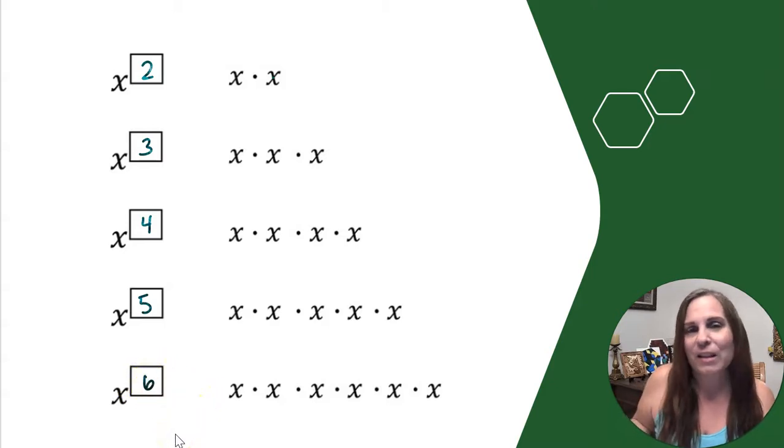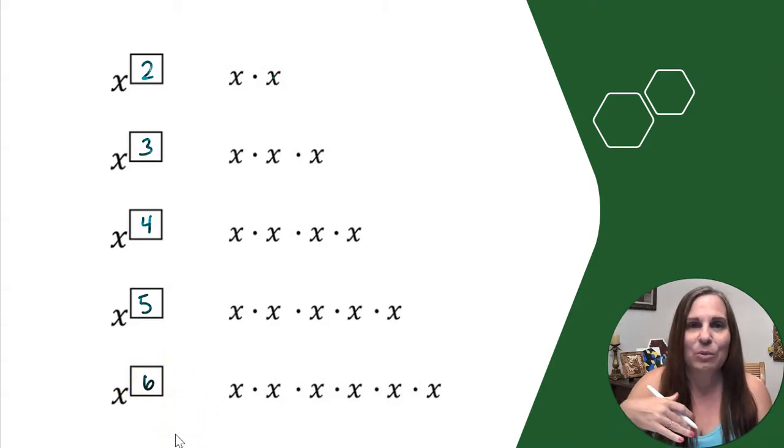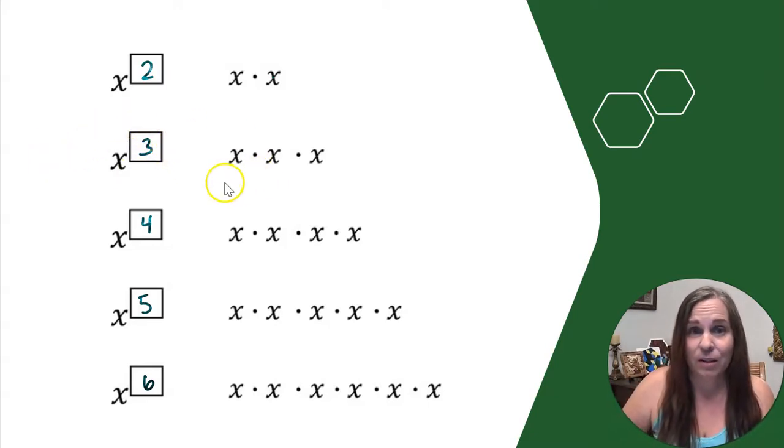We know this. We've written this out before, right? You multiply a number or a term or a variable by itself, and the number of times that that variable appears in the multiplication problem is equal to the exponent, right? So 3 x's means x to the 3rd.